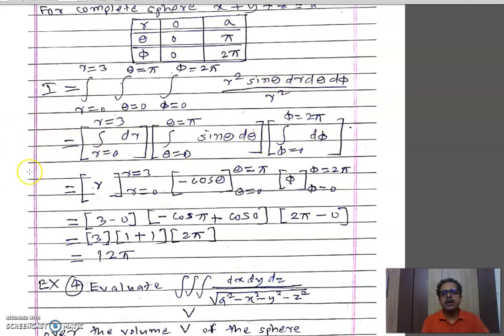Integration of dr is r, integration of sin theta is minus cos theta, and integration of d phi is phi. And also you have the limit. That means for r it is 0 to 3, for theta it is 0 to pi, and for phi it is 0 to 2 pi. When you simplify, you can get the answer.